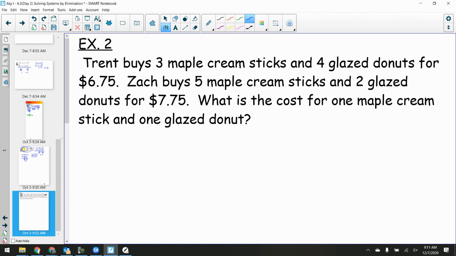I think we know what our 2 unknowns are going to be. The maple and then the glazed.